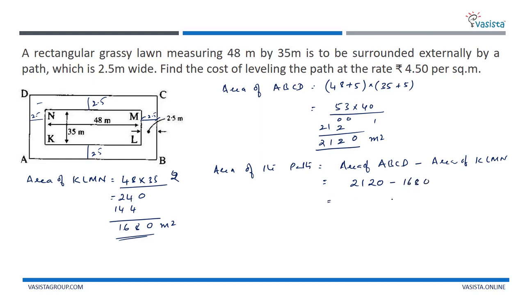Subtracting, 0. 2 minus 8 is not possible, take a carry, 12 minus 8 is 4, 12 minus 8 is 4, now this will become 20, 20 minus 16 is 4. The area of the path is 440 meter square.